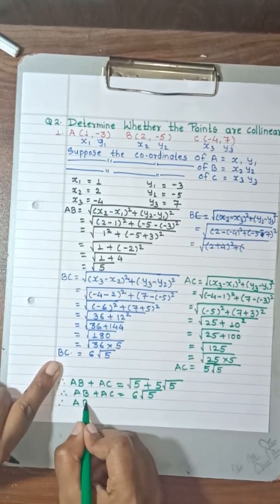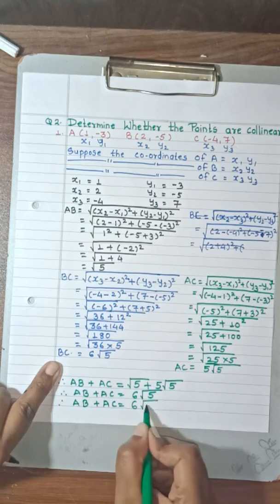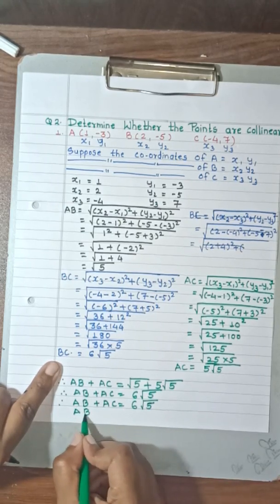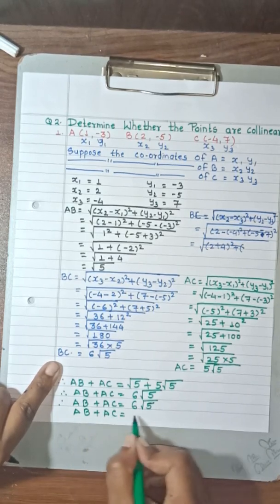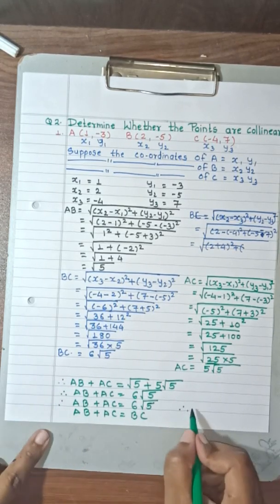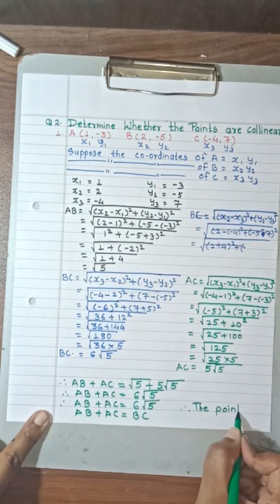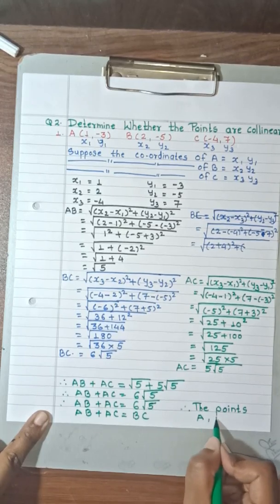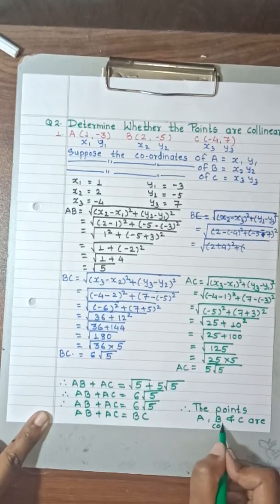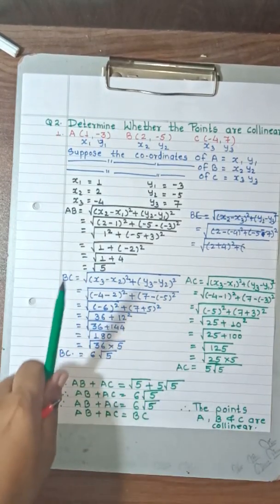Therefore AB plus AC is equal to BC. And therefore you can see the points A, B and C are collinear.